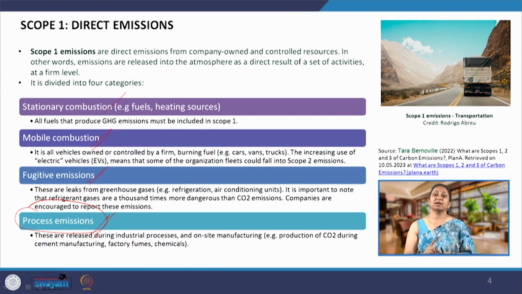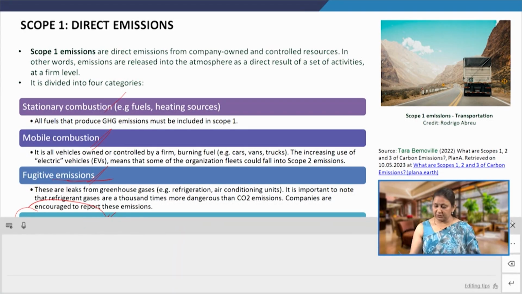But the gas that has leaked, whatever small amount of gas it was, has been emitted into the environment, and the emission because of that leak comes into the purview of fugitive emission.